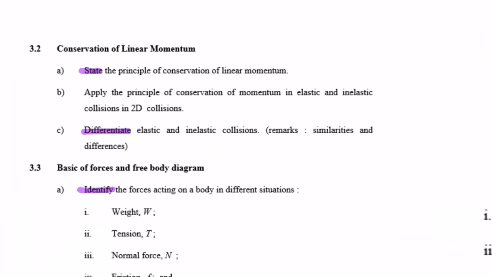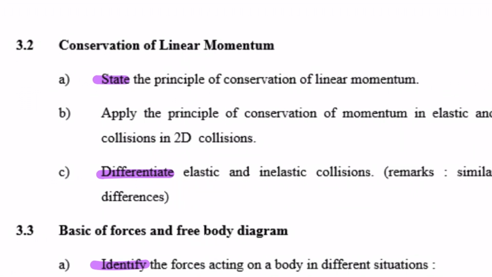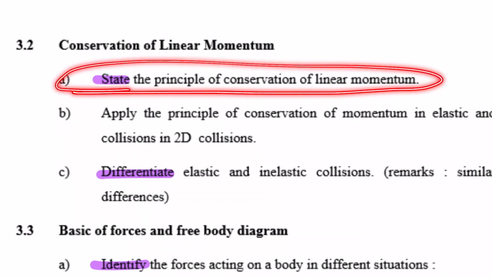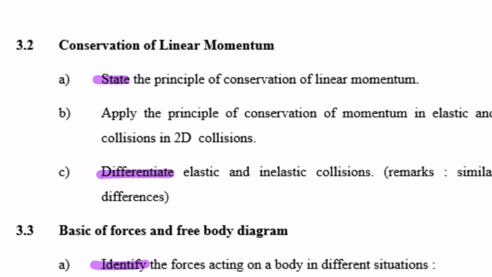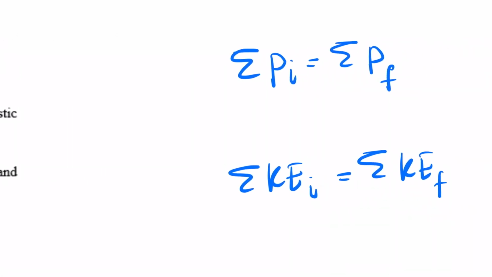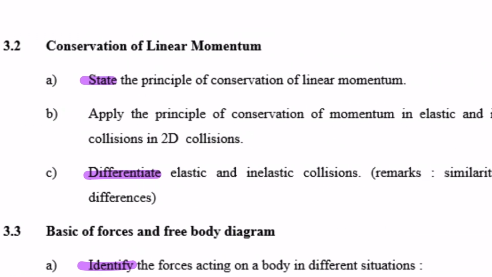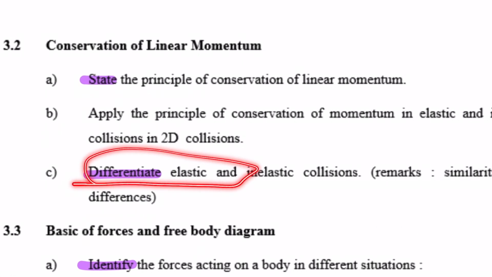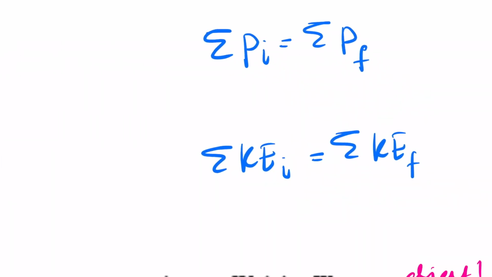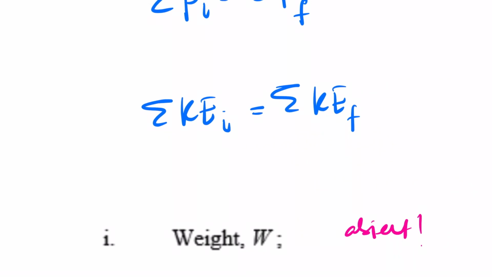Subtopic 3.2, conservation of linear momentum. Okay, related to describing basic concepts for CO1, state the principle of conservation of linear momentum, which says that the total initial momentum equals the total final momentum. And then the next one, differentiate elastic and inelastic collision. So how to differentiate it? We look at the kinetic energy.